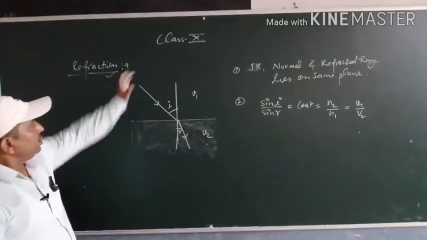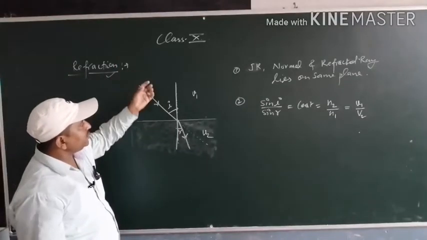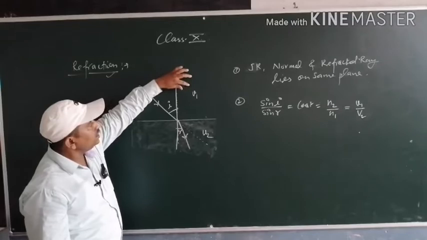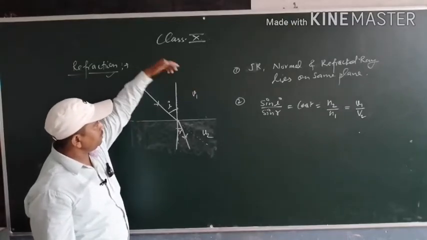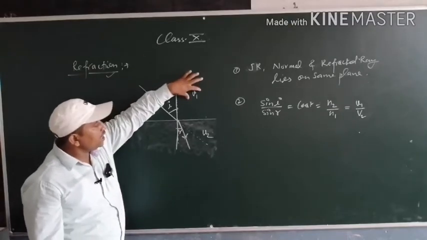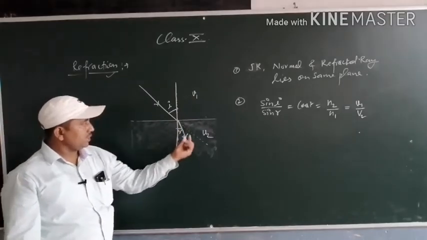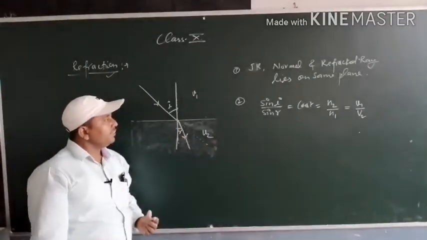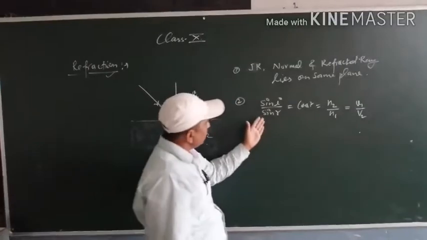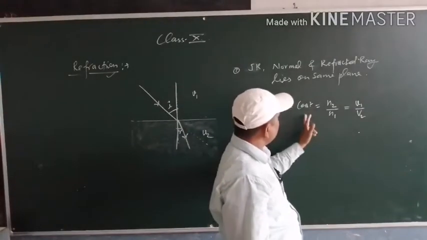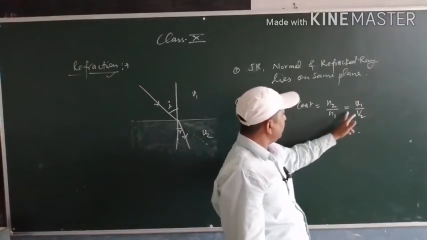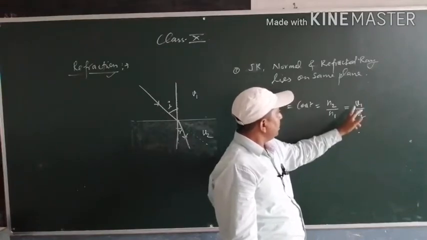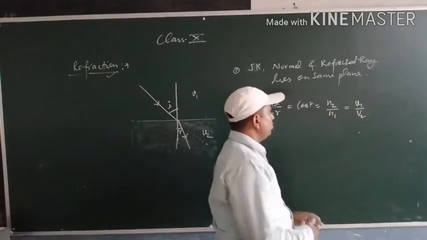If the speed of light in the medium whose refractive index is N1 is V1, and that in the medium of N2 is V2, then sin I by sin R is equal to a constant, or N2 by N1, which can be defined as V1 divided by V2.